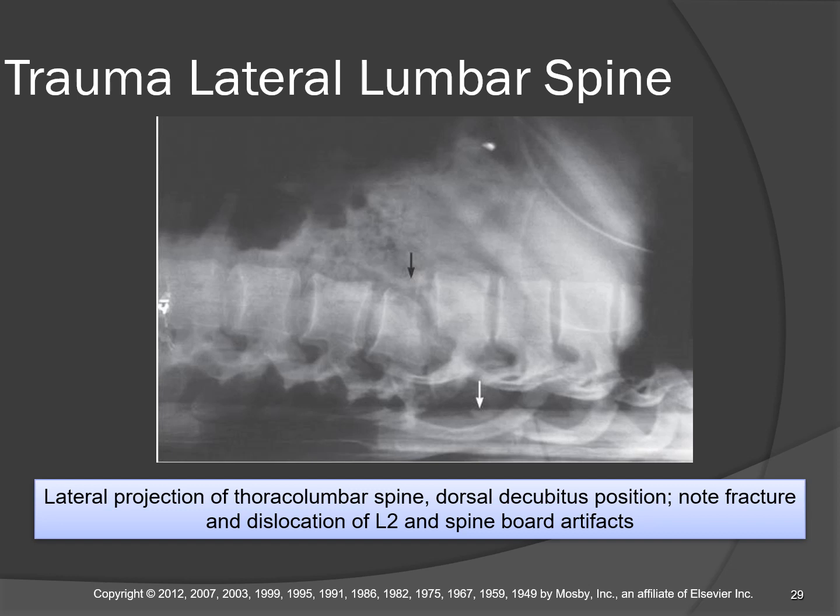Okay. So here's our lateral lumbar spine, and we have a fracture and dislocation again. Okay. Looks like T12 has subluxed, and in doing so, L1 has got an avulsion fracture at the anterior superior edge of the vertebral body of L1.